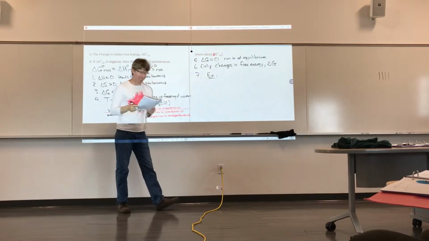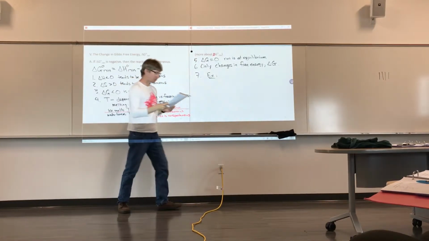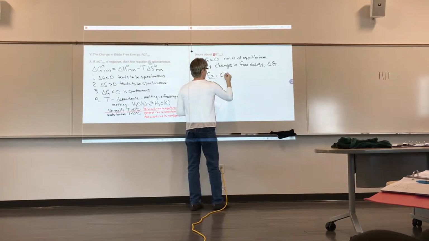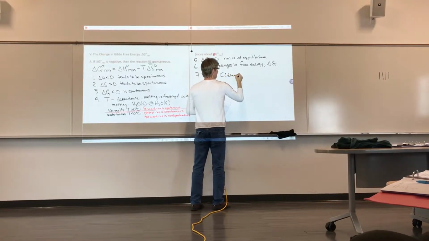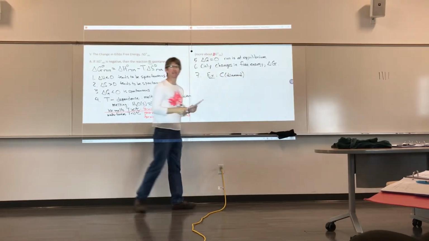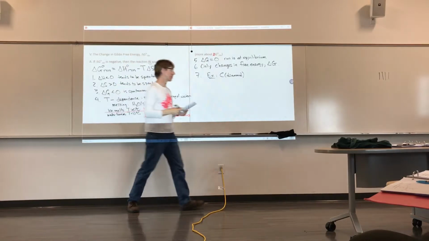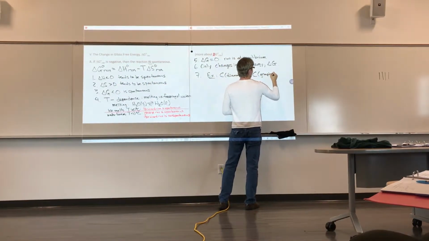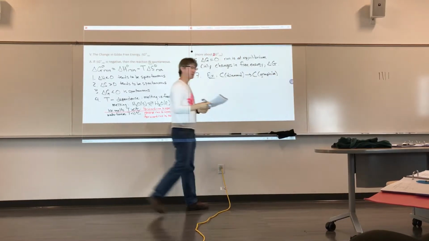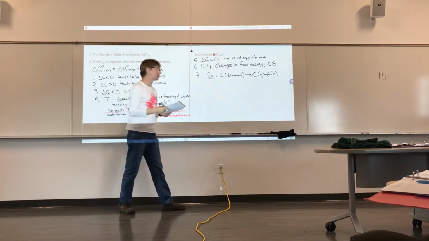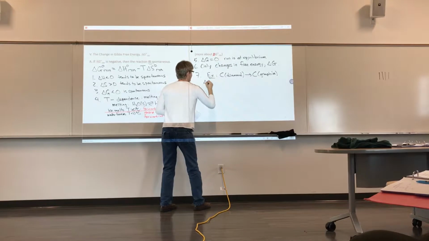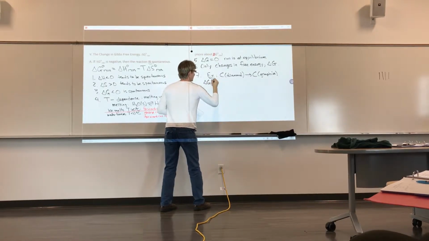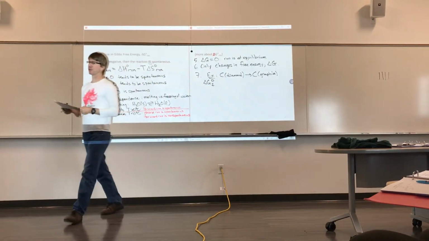Let's look at one more example. This is going to be for carbon as diamond. That's a solid form of carbon. Going to carbon graphite, if we look up the delta G values, and these will be delta G of formations.